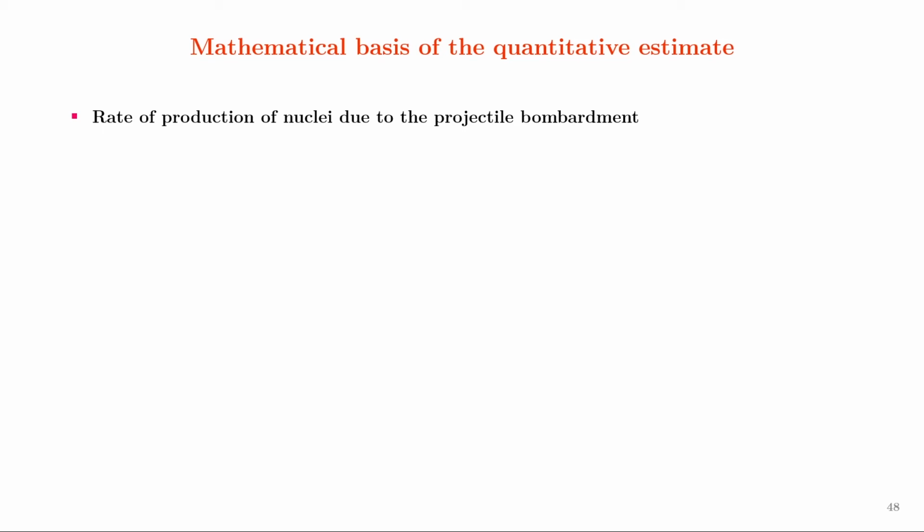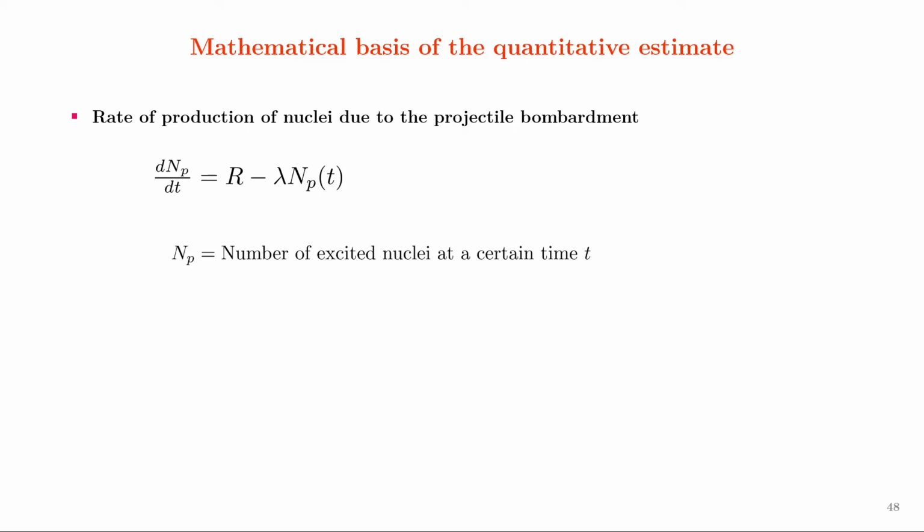The rate of production of nuclei due to the projectile bombardment is given by dNp over dt equal to R minus lambda Np(t). Here Np is the number of excited nuclei at a certain time t.